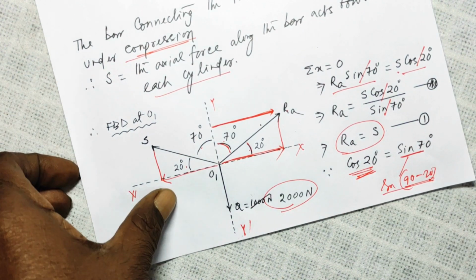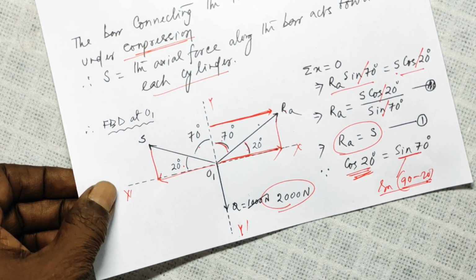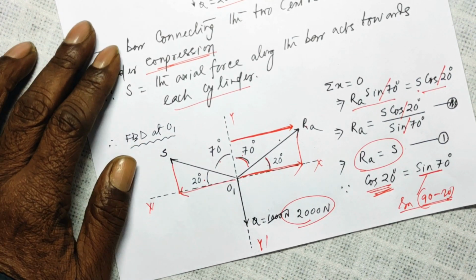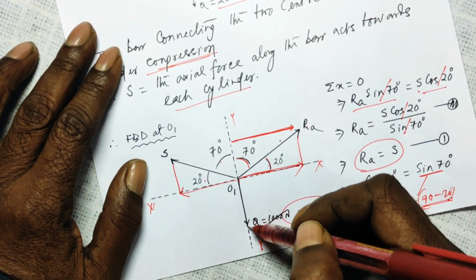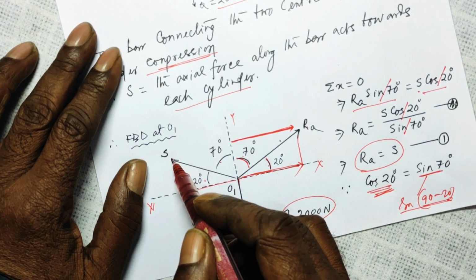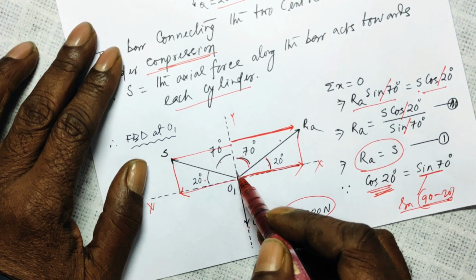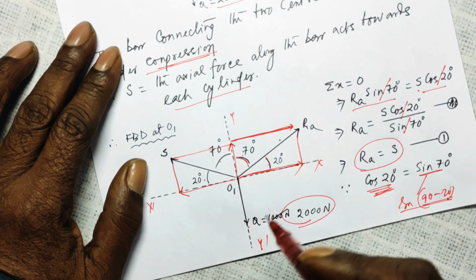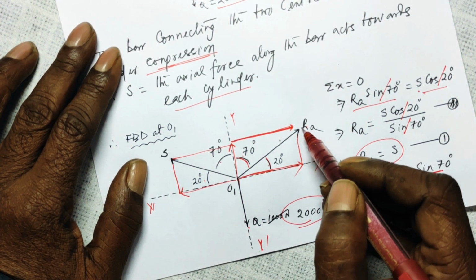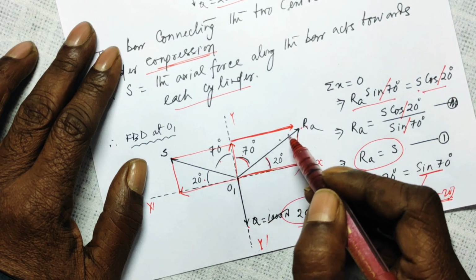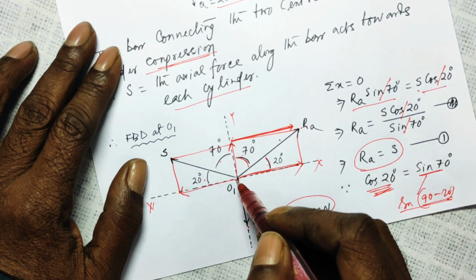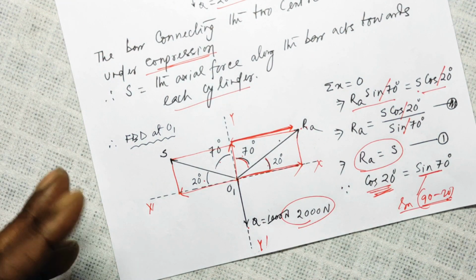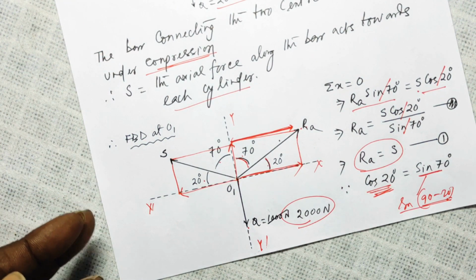So they are cancelled. Now apply sigma y is equal to 0 at the same point O1. Q is already along the negative y-axis. The component of S along positive y-axis will be S cos 70, and the component of RA along positive y-axis, if you drop a perpendicular here, will be RA cos 70 or RA sin 20.